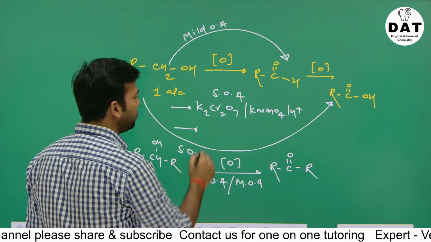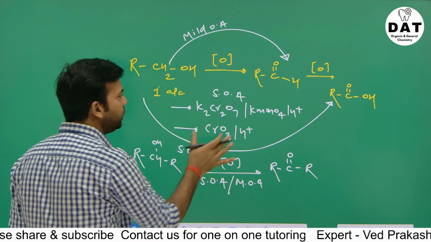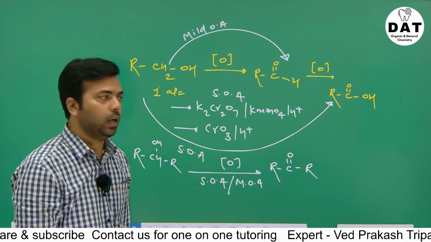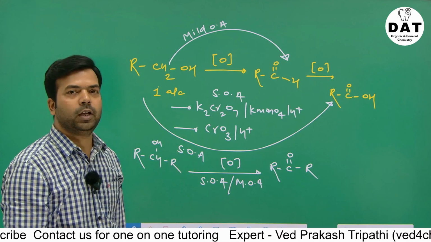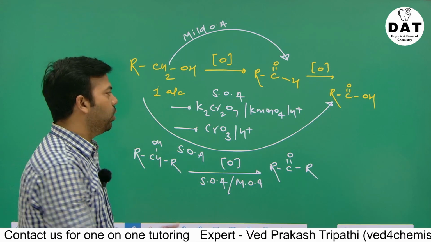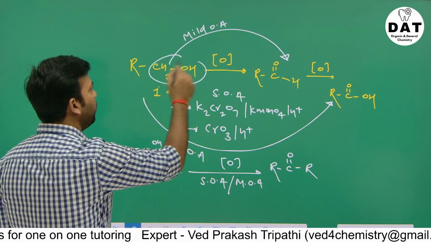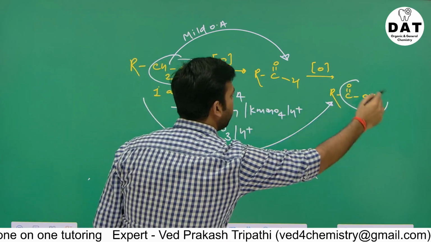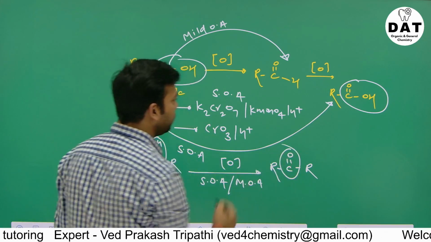Second, we can use CrO3 with H+. So these two are very common and very important. Once we take KMnO4 with H+, or acidified KMnO4 or acidified CrO3, it can convert primary alcohol into carboxylic acid and secondary alcohol into ketone, clear?